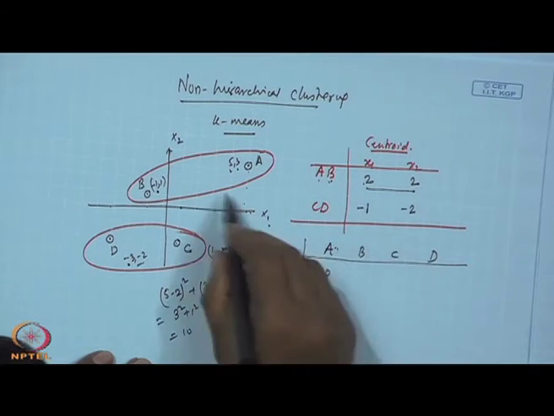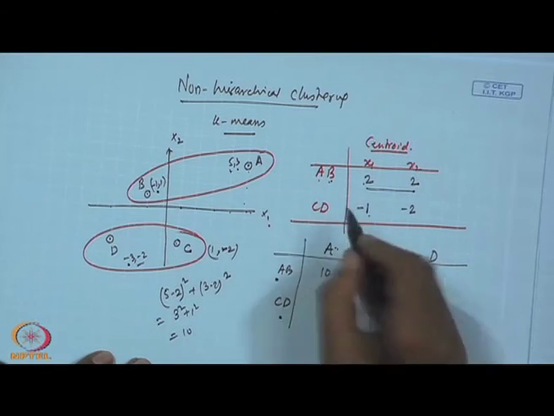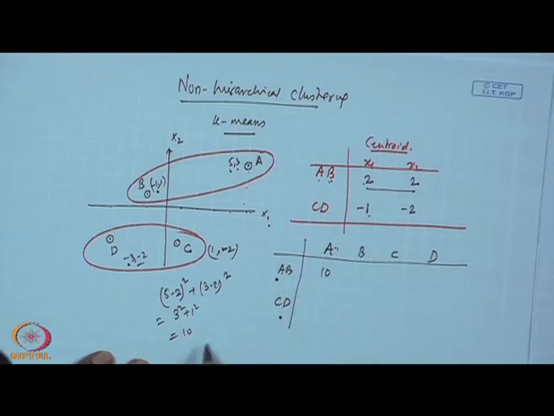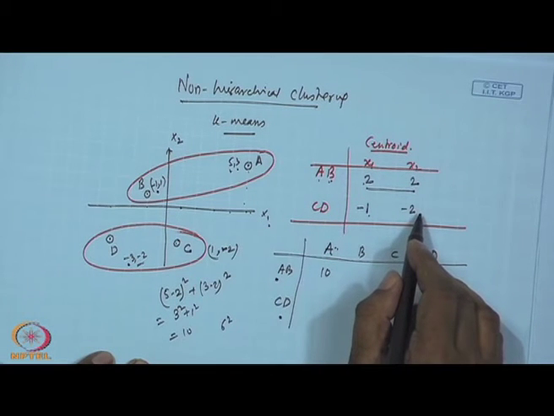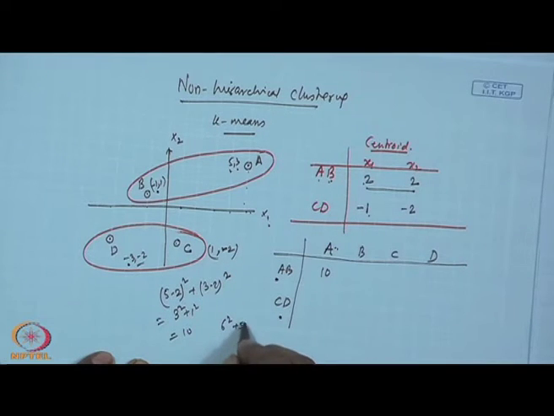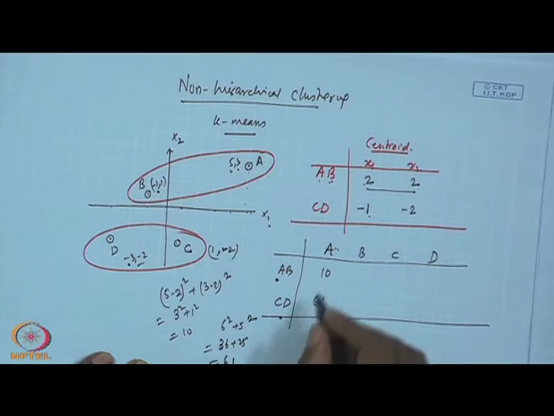Now, if I want this, then 5 minus 1 minus 1. So, 5 minus minus 1, that is 6. So, 6 square, 3 minus 2, that means plus 5 square. So, this is 36 plus 25, that one is 61. So, then you compare which one is higher, CD is higher.